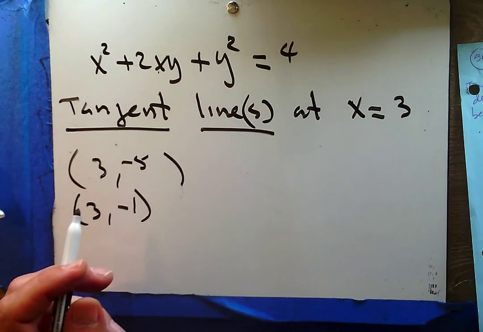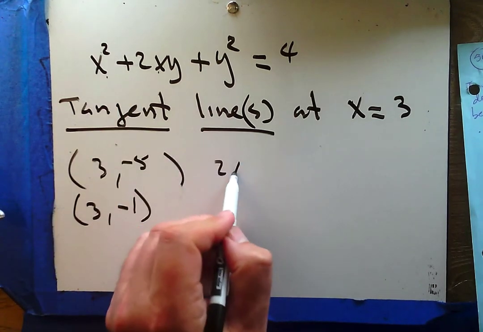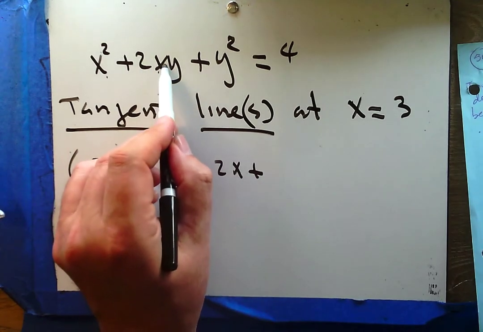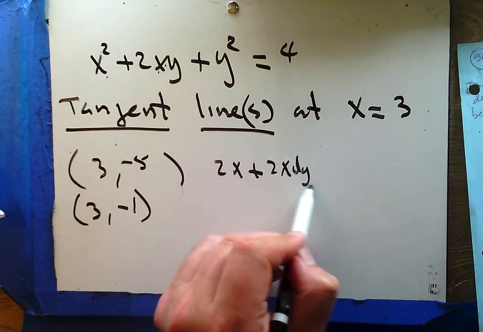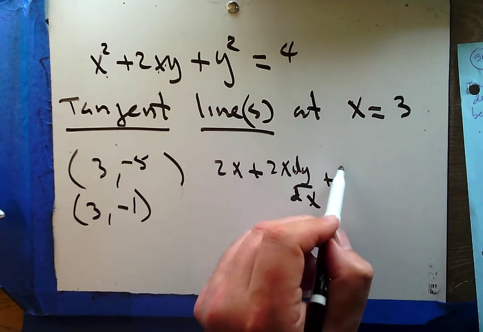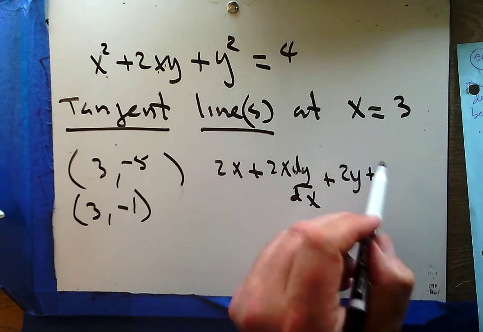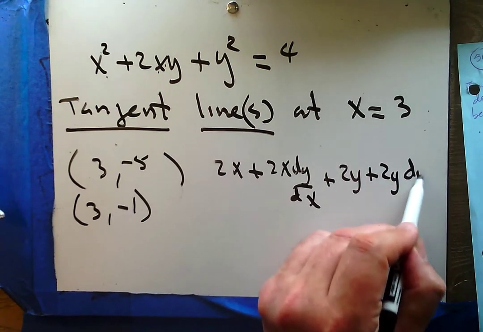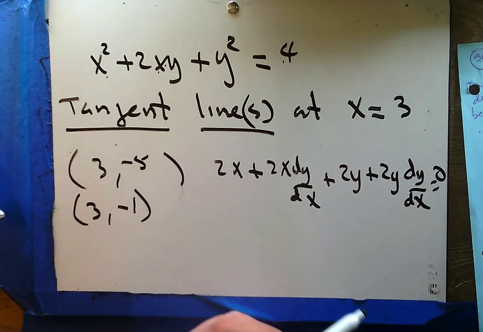And we know a synonym for slope in our class is derivative. So, derivative of x squared is 2x. The derivative of this requires product rule, 2x dy dx plus 2y. And then the derivative of y squared is going to be 2y dy dx. And the derivative of 4 is 0.